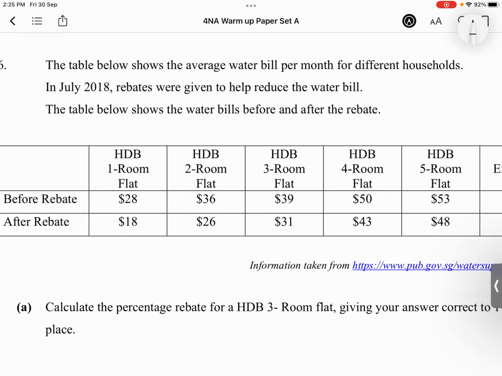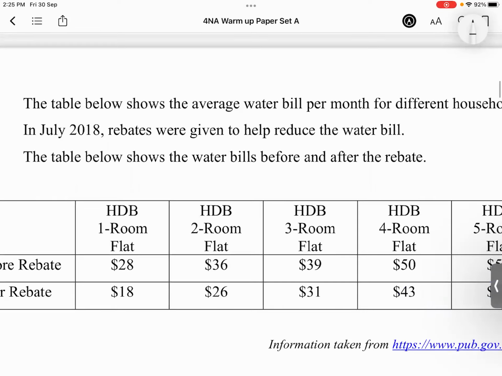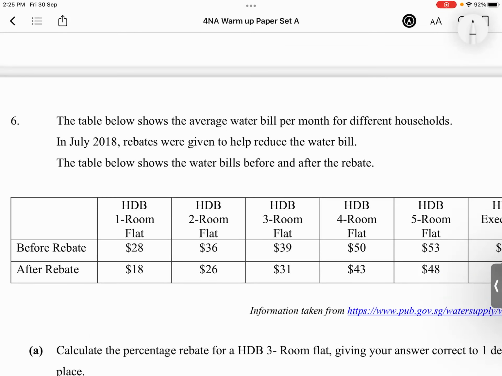Now, what is the meaning of rebate? Some people will not know what a rebate is. The technical meaning of rebate is something like a discount: you pay less, they pay you back, so they don't charge you that much. That's called a rebate, to help reduce the water bill. So these are the prices before and after the rebates.